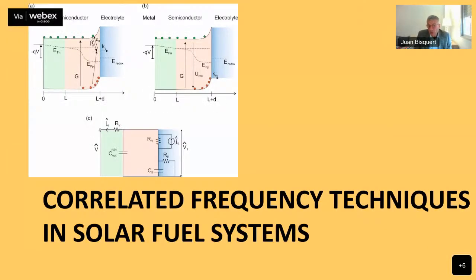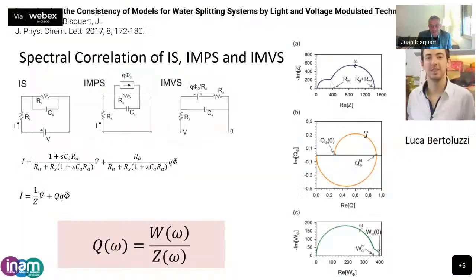But now what we can do, having different techniques, is to use them all at the same time. And this is what I call correlative frequency techniques in solar fuel systems. So this approach was developed with Luca Bertoluzzi in his PhD work, and he discovered this general nice formula, because in each technique you use a different equivalent circuit, but they are all the same with different connections, so that the different transfer functions are not independent.